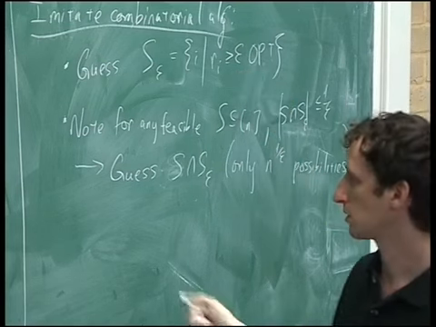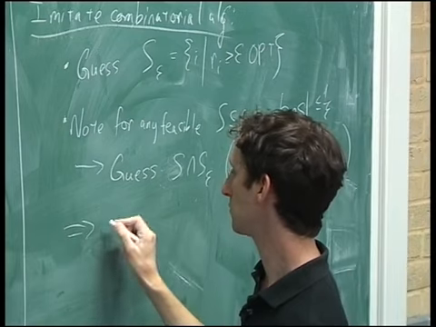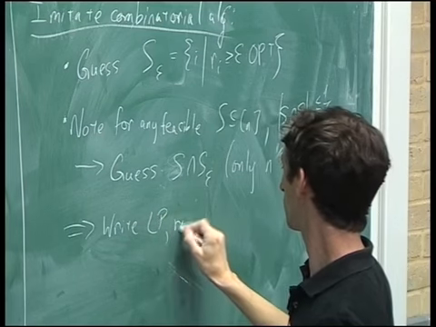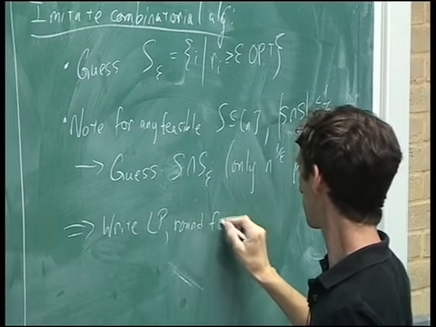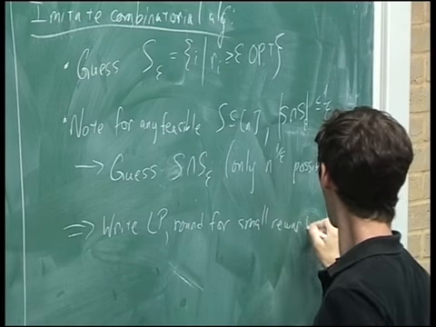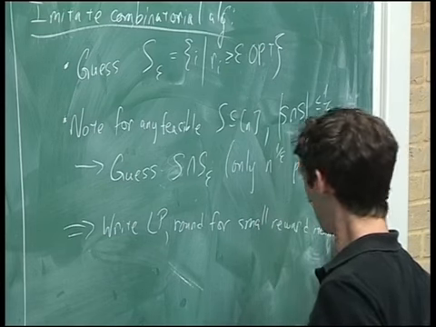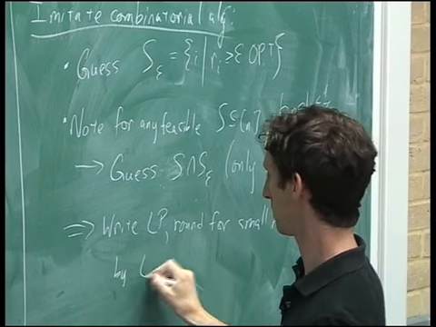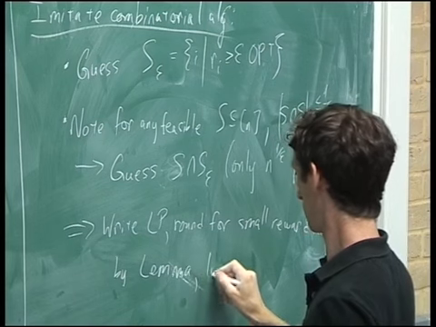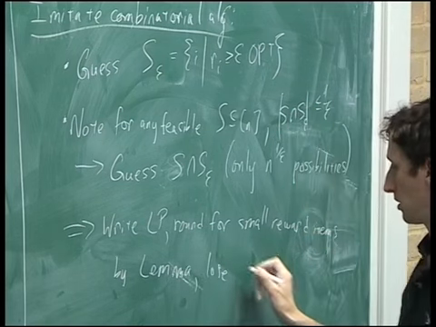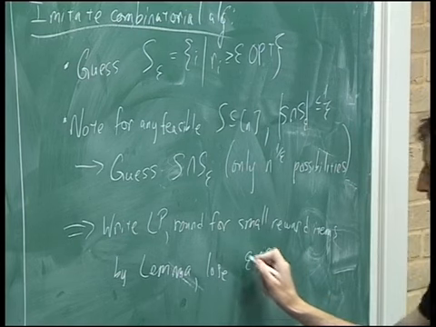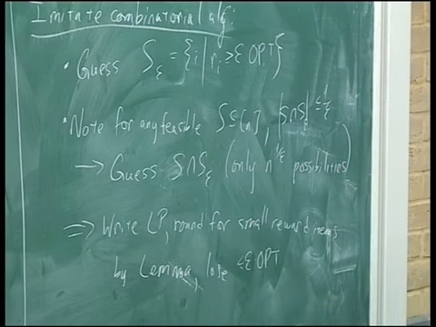So then we only need to write an LP and round for small reward items, and by the lemma we only lose at most epsilon times the optimum.